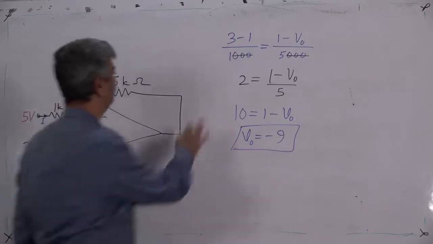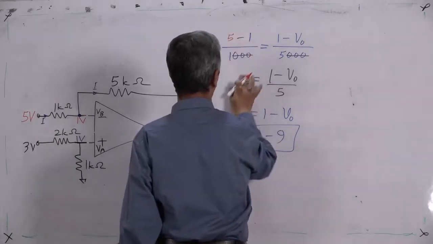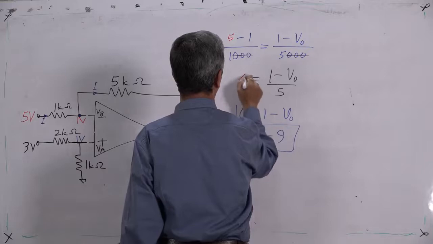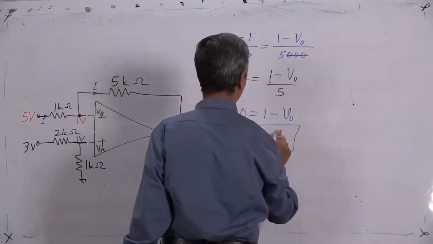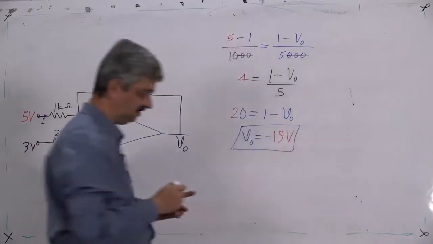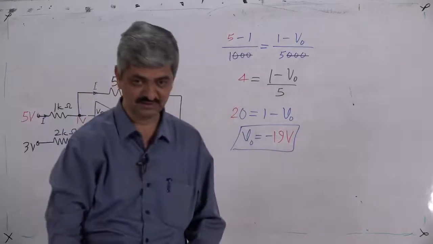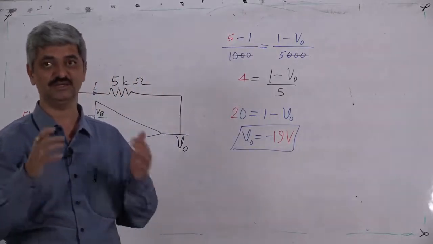If it is 5, this becomes 5, this becomes 4, this becomes 20, and this becomes minus 19 volts. And here now the answer is something which makes us rethink everything.